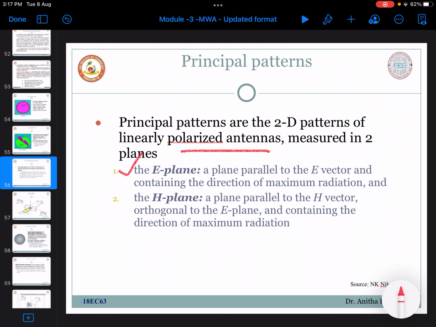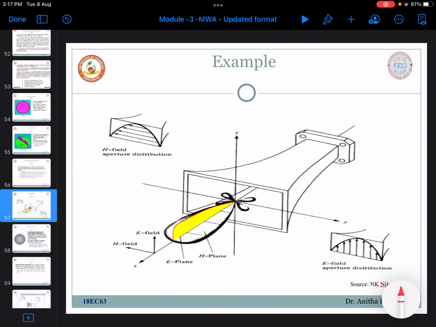One is E plane, another one is H plane. E plane is the plane parallel to the electric field vector containing the direction of maximum radiation. Whereas H plane is the one parallel to the H vector, which is orthogonal to the electric plane and contains the maximum direction.